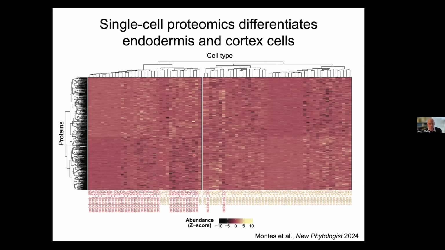And then similarly, if we hierarchically cluster each of these cells' proteomes, we see separation by and large of the endodermal and cortical cells. So I think this really highlights that we're detecting not simply high abundance housekeeping proteins that are the same in all cell types, but we're detecting proteins that can differentiate the proteomes of different cell types.